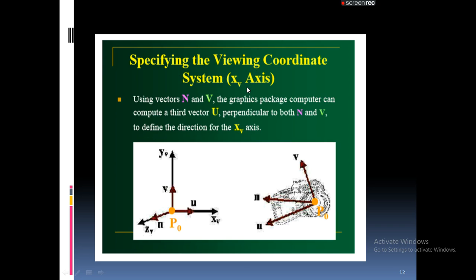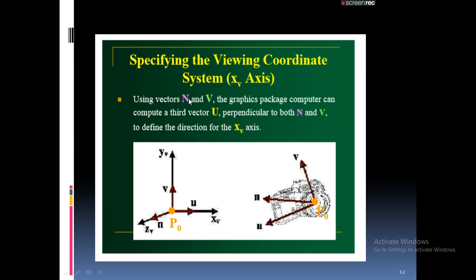Now we need to determine the XV axis, the x axis of the viewing coordinate. As I said in the previous slide, using vectors n and v, you can compute the third vector u. What is n? n is nothing but our z axis. v is nothing but the upward direction, the y axis.